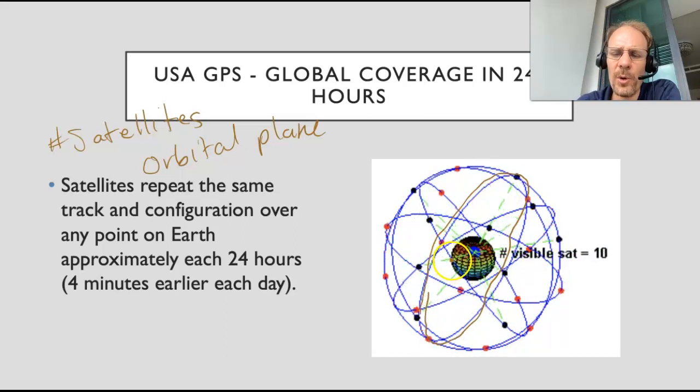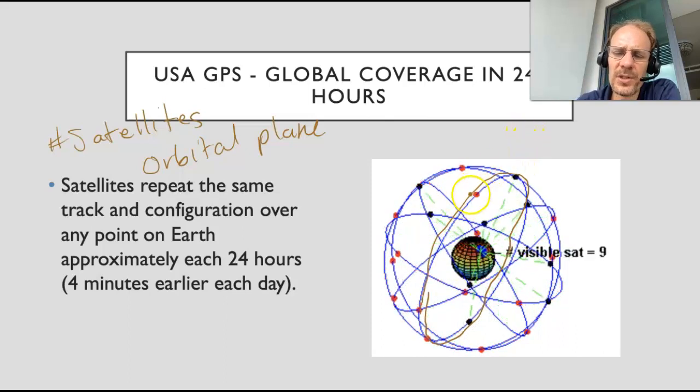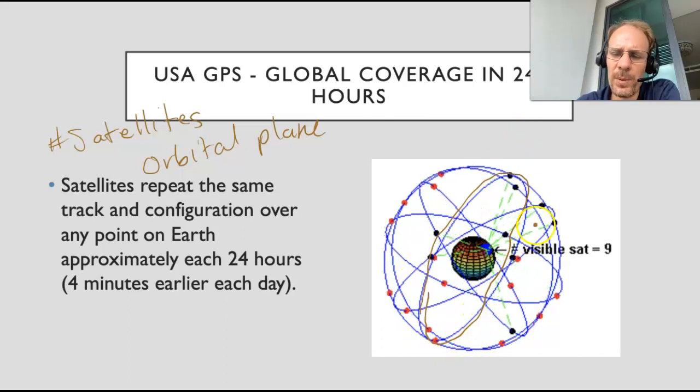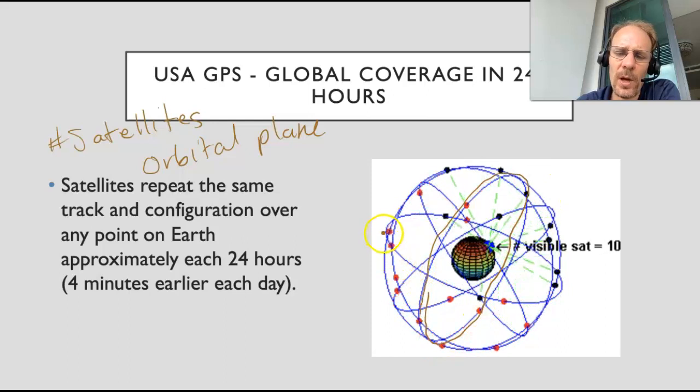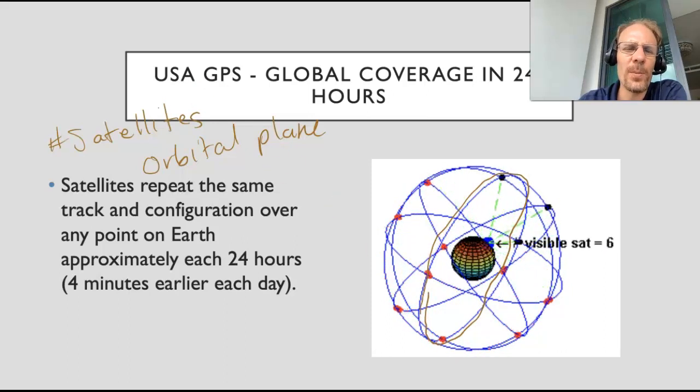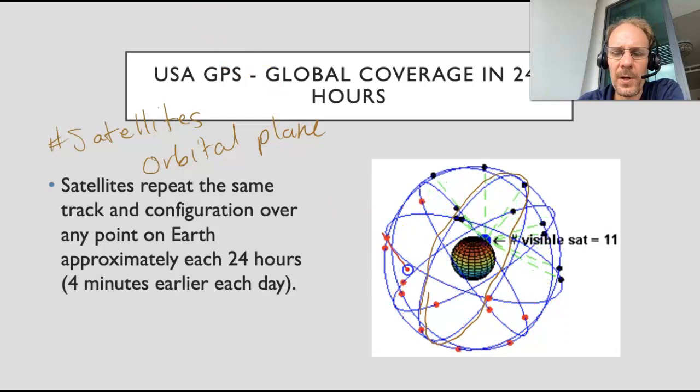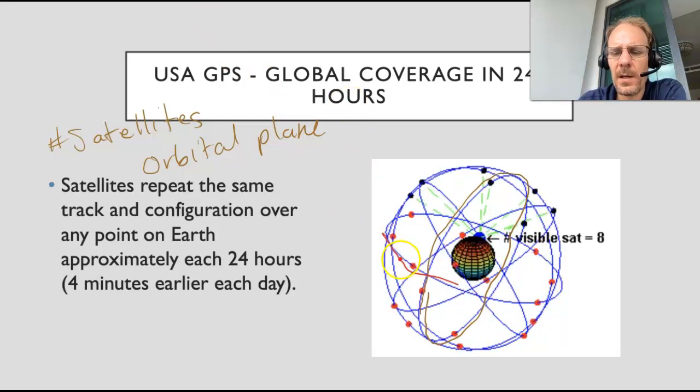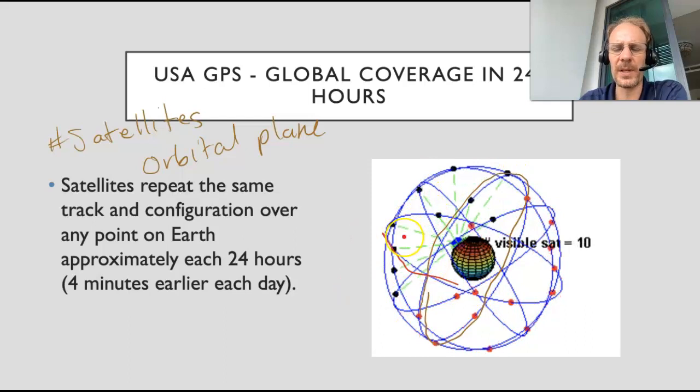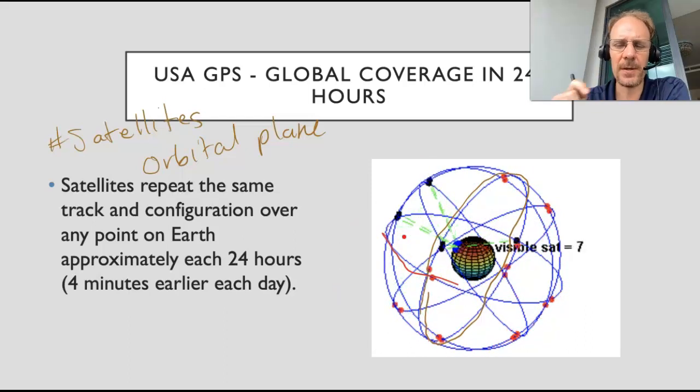That is one orbital plane, and there are 4 satellites in that orbital plane. There should be a total of 6 orbital planes here. There's another one going across here, and there's 1, another one here, 2, 3, 4, and 5, and then the brown one that I mentioned earlier, 6.